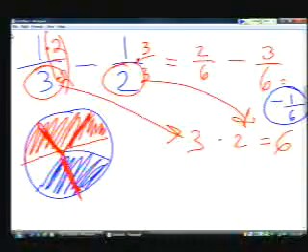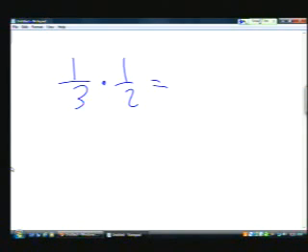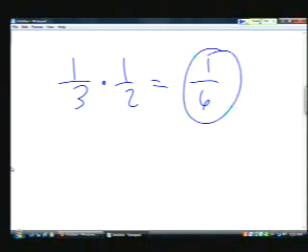Okay? So, the same thing applies. Now, when you're doing multiplication, it is not necessary to get a common denominator because we're not adding. When we're multiplying, we just take numerator times numerator, denominator times denominator, and we get 1/6.